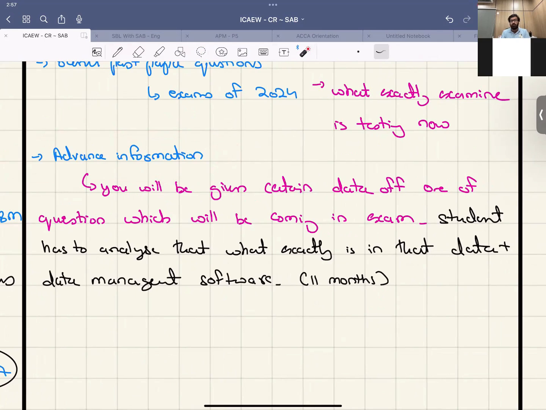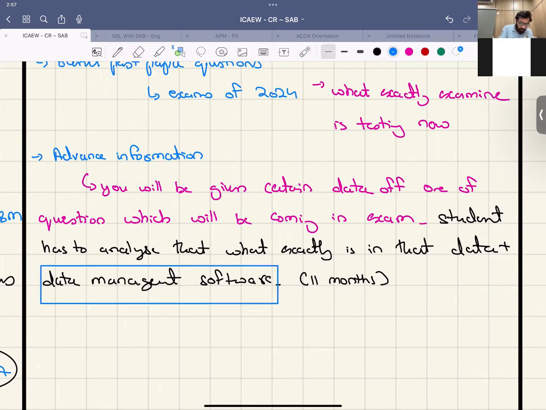Now, what is advanced information? You have been given data pertaining to a question that's going to be coming in the exam. You will see that this is data for a question in the exam. You need to analyze it, and that analysis needs to be done on the data management software.